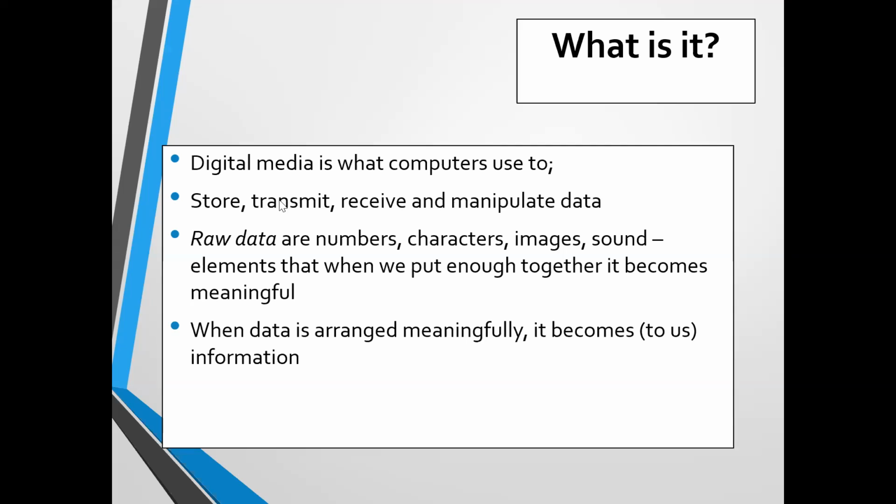So information is defined as raw data, numbers, characters, images, sound that are put together until it becomes meaningful. When data is arranged meaningfully, then it becomes to us information. Imagine if we just have numbers 20, 30, 40, 80, 70, we wonder what are those? Until someone says, okay, these are results of industrial training of students, A, B, C, D, and this is what these ones need to cover.